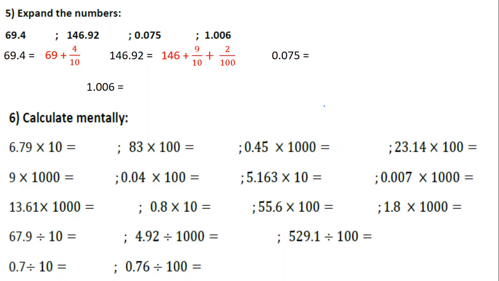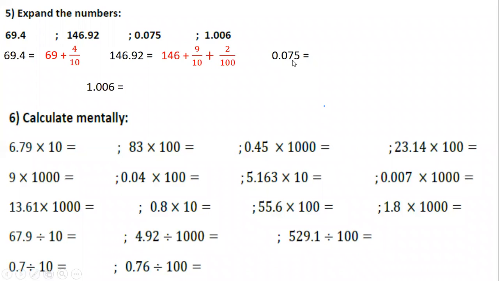Now we have 0.075. I want Ghadi to answer. What's the whole part, Ghadi? The whole part is 0. If the whole part is 0, is it necessary to write 0 plus? No, it's not necessary to write the 0.